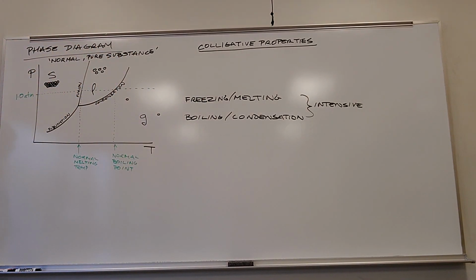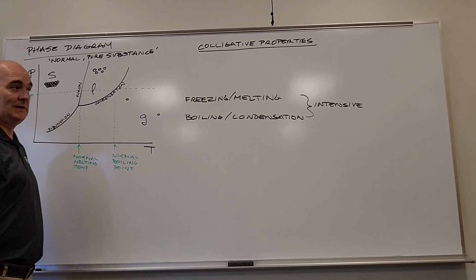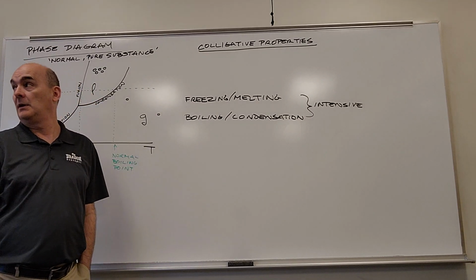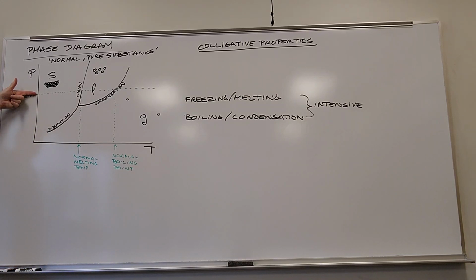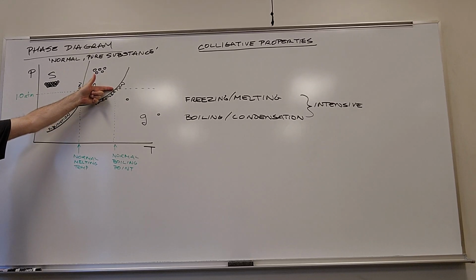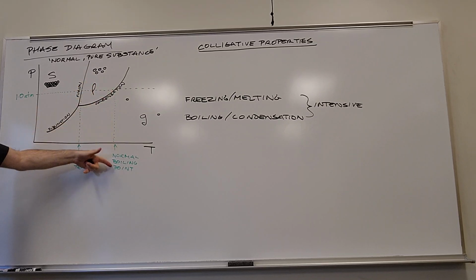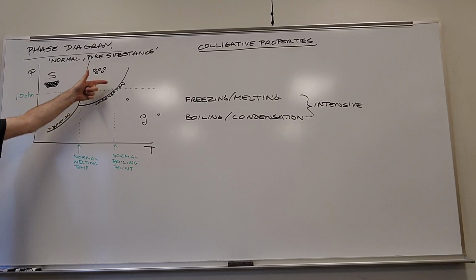They're completely independent of amount. So it doesn't matter what scale we do it on, we still get the same number. Okay, so at atmospheric pressure, water, not a typical liquid, but this part of its phase diagram is typical, boils at 100 degrees Celsius.